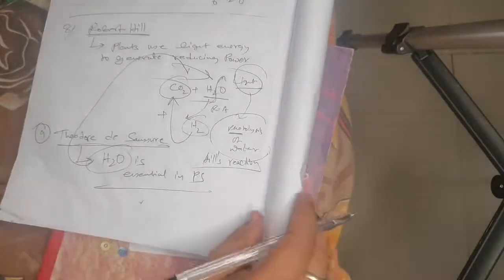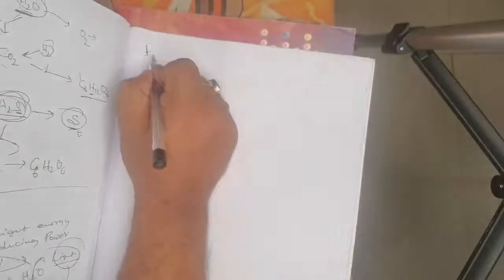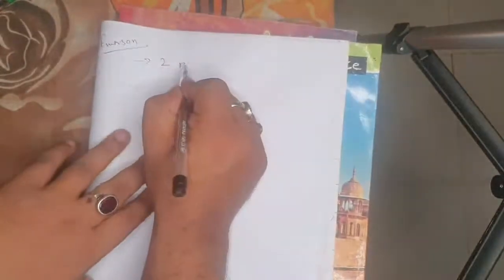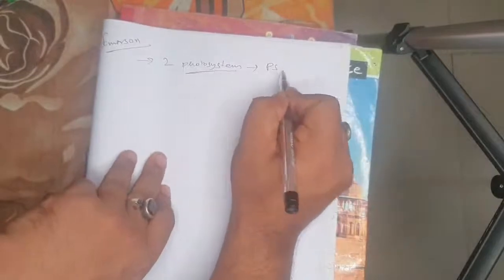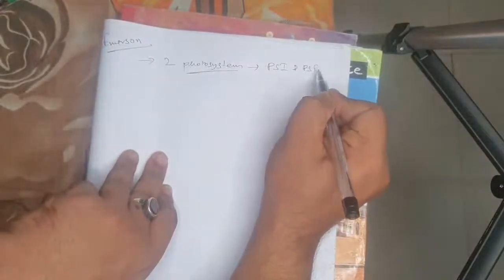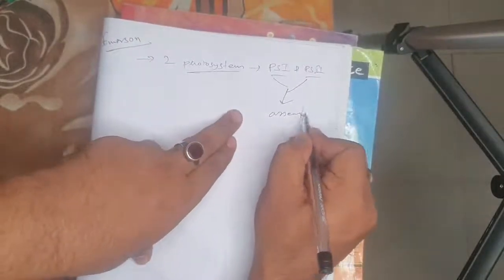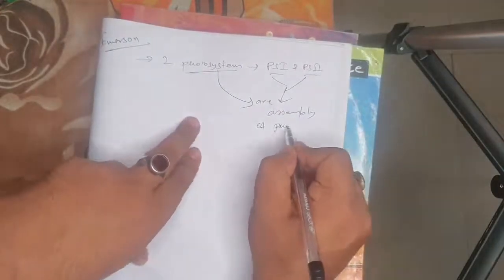Then came Emerson, another scientist. Let's see what Emerson said. Okay, so we will try to understand what Emerson said: that there exist two photosystems. Now we will talk about the details of photosystems. There are two photosystems, photosystem 1 and photosystem 2, which are assemblies of photosynthetic pigments.